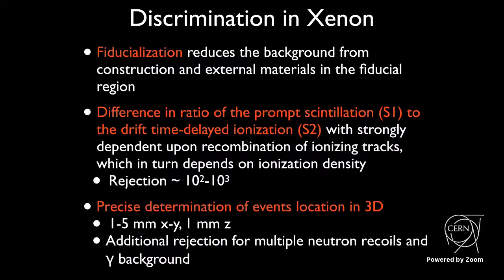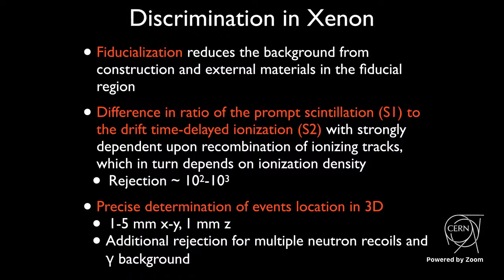So that's something that we said also the other day. The ratio of ionization to scintillation is an important tool for discrimination in xenon. It gives you a discrimination which is relatively contained, at the level of 10^2, 10^3. And finally, the precise determination of the event's location in 3 dimensions.